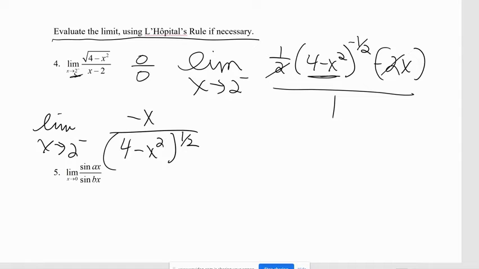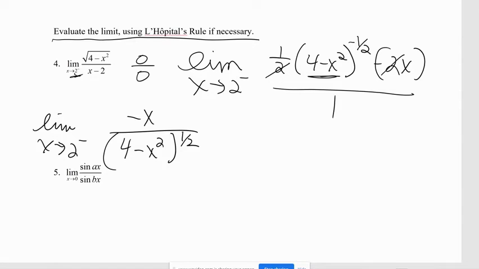Matter of fact, there was a problem on last year's final where you were required to do L'Hopital's, I think, 3 times in order to get the answer. But you just have to remember you can only do it multiple times if each time you do it, after you do the substitution in, it's indeterminate form. And this would not be. This would be negative 2 over 0, and that is not indeterminate.